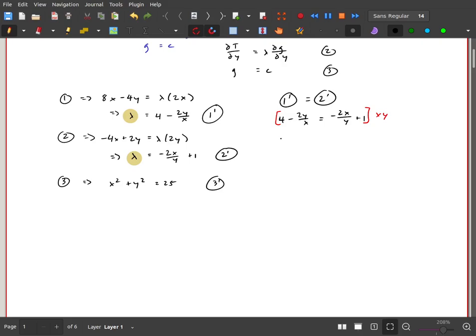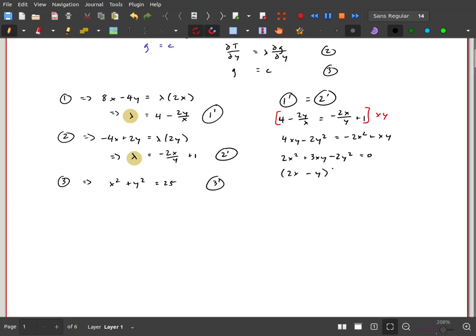And that will give me 4xy minus 2y squared equals minus 2x squared plus xy. Then I'm going to move everything to one side. So that will be 2x squared plus 3xy minus 2y squared equals 0. So that's a quadratic, and I can solve this quadratic.